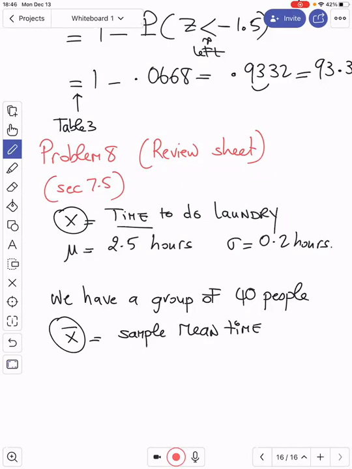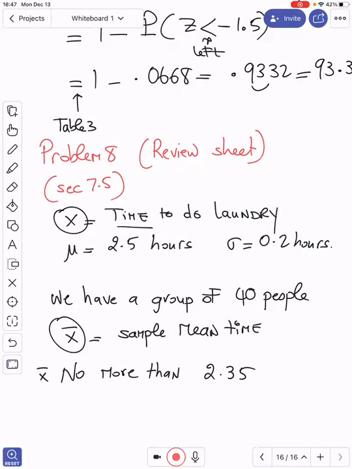So it says, what's the probability that the mean time x bar to do the laundry for these people is no more than 2.35? X bar is no more than 2.35. No more than 2.35 means the maximum is 2.35, so your x bar has to be less than 2.35.